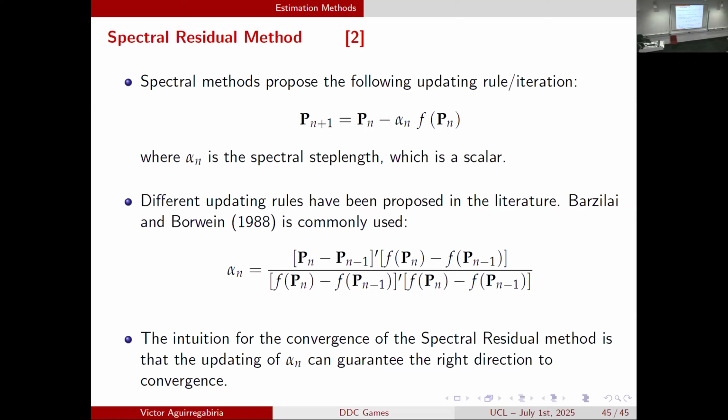It's difficult to establish whether these conditions hold or not in the model, but in different Monte Carlo experiments and empirical applications, we have tried these spectral methods with success to obtain convergence, of course in problems where the fixed point iteration does not converge.